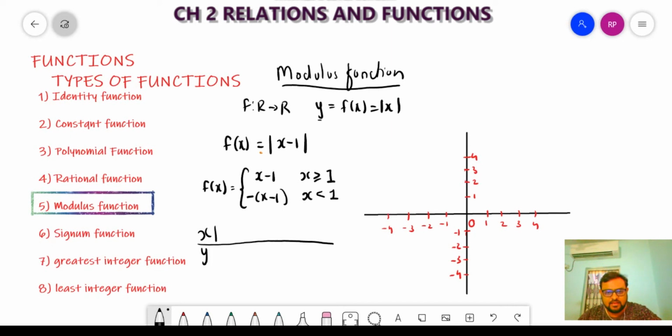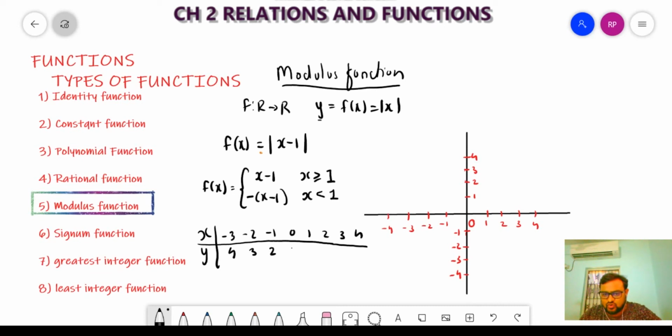Now see, when I take different values of x and y, let's take minus 3, minus 2, minus 1, 0, 1, 2, 3, 4. Clear? See now, when it is less than 1, I have to take minus of x minus 1. So minus 3 minus 1 is minus 4, and minus of that is plus 4. Minus 2 minus 1 is minus 3, so plus 3.